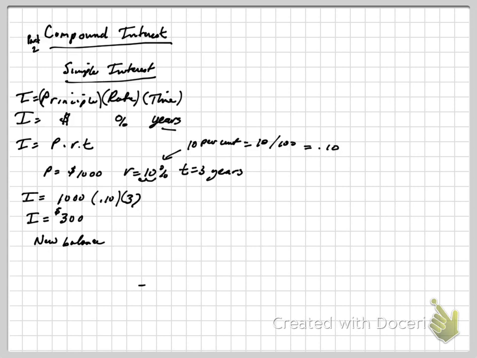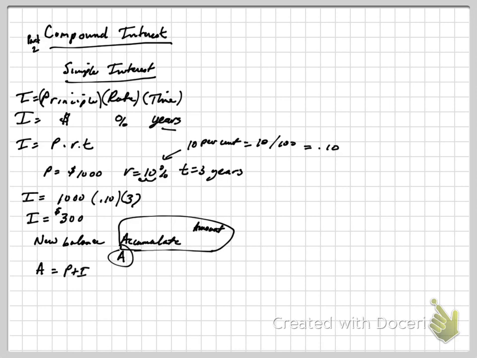So the new balance, or the accumulated amount, okay, that word is amount, is going to be calculated by taking your principal. The letter A comes from the accumulated amount.